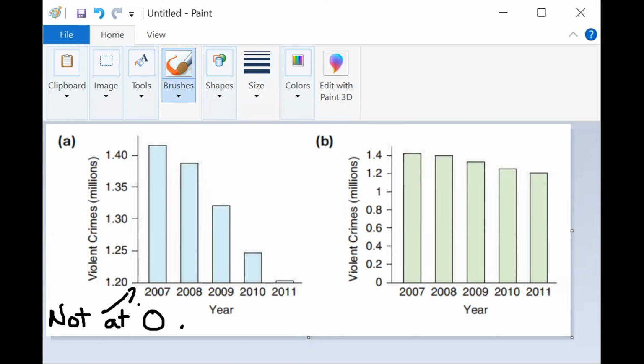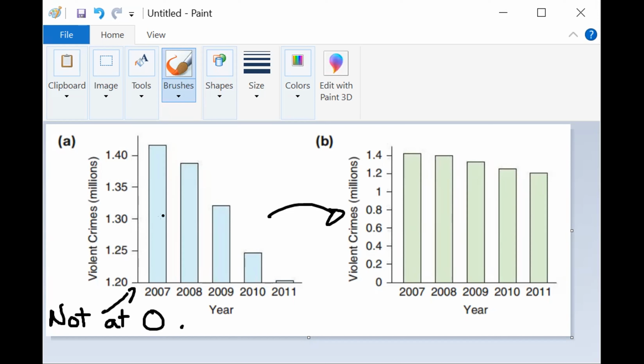This is a common tactic when it comes to trying to fool a casual observer of statistics, of the chart, is to do something like this where the bottom is not at zero. If you redraw this, the same data, but you put zero at the bottom, then you can see over the 5-year period we've only seen a relatively small decline, which maybe is not really that significant.